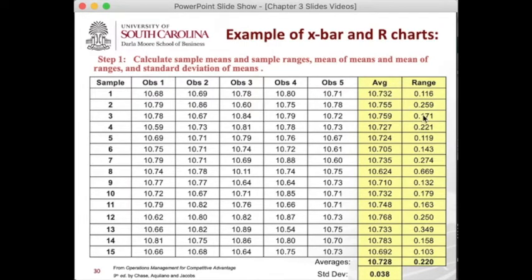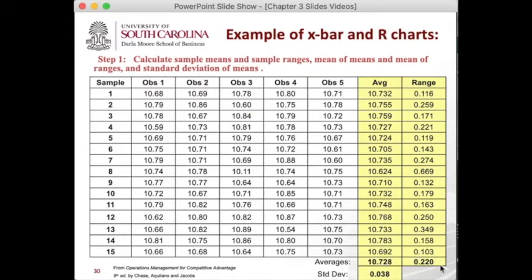I put all these values here, and then I have the value that I'm really interested in. These are also important, but this is the one that is more important. The average of the averages, and that's what we call X double bar. So X bar is the average of the sample. That's called X bars, okay? And X double bar is the average of the averages, so the average of all of those.